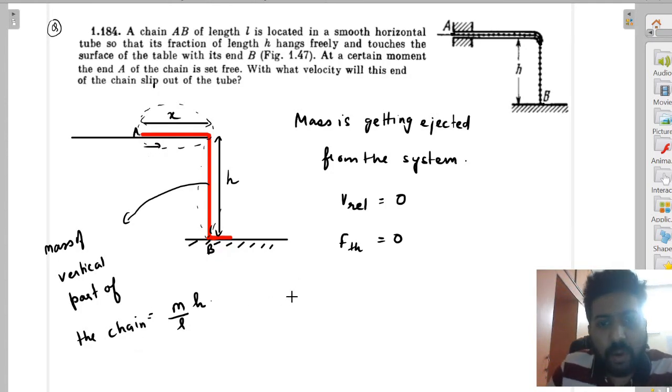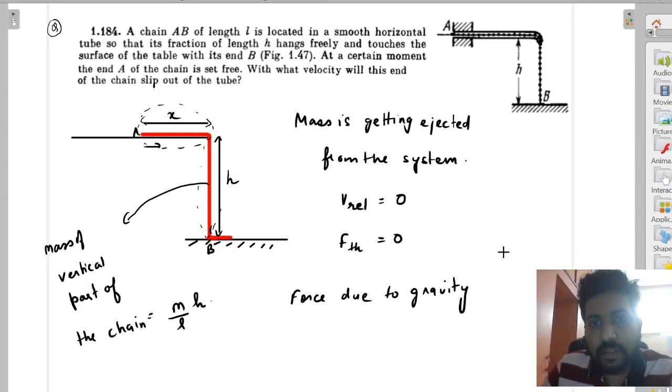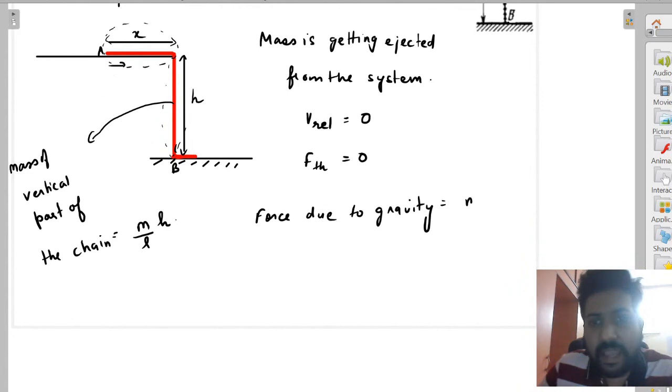The part which has come out will not exert a force, because it is balanced by the normal reaction. Only this part that is hanging, of constant length, is exerting the force. So the force due to gravity will be equal to m by L h multiplied by g.